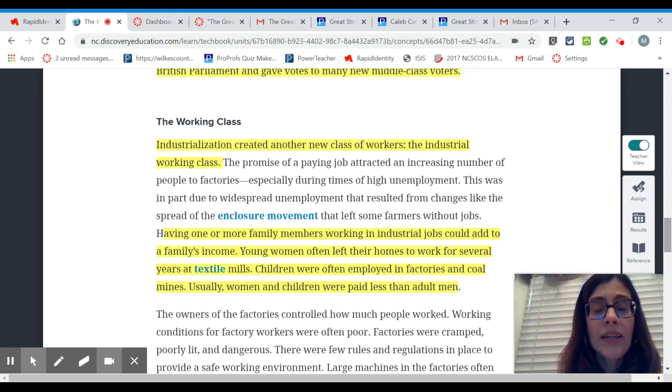And the idea here is that you needed more people to work to be able to make enough money to live. So at this point, the women and children were employed in the factory. And we know that it wasn't really a world for equality during the Industrial Revolution. So the children and the women were oftentimes paid less for the work that they did in the factories.